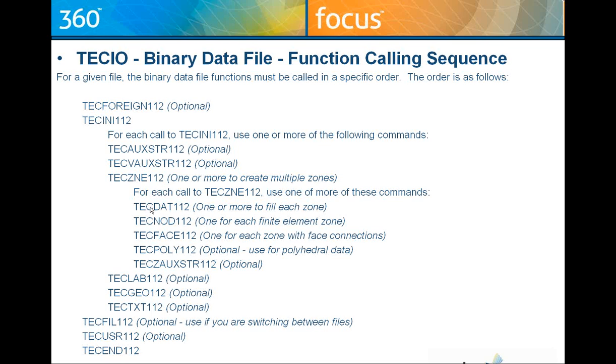You have to define the zone, put the data, put the nodes, and so on into the loop, and this gives you better entry into the whole topic. So this function calling sequence, I think, is a good graphical composition of what has to be done when you would like to create your binary files directly from the solver.